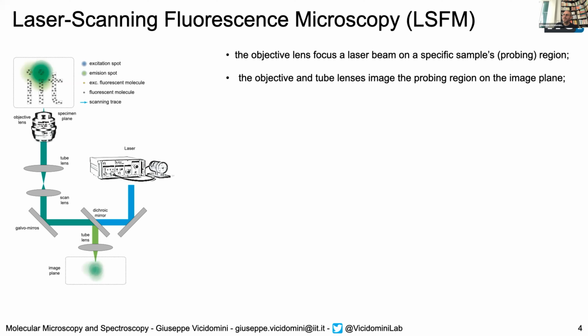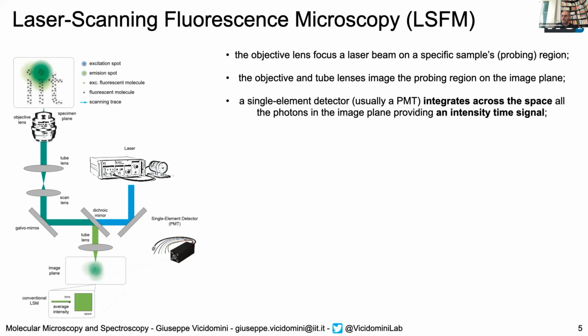This light is collected by the same objective lens, and by the use of different mirrors and other lenses, in particular the tube lens, is projected onto the image plane of the microscope. So in principle, in the image plane I have an image of my region.